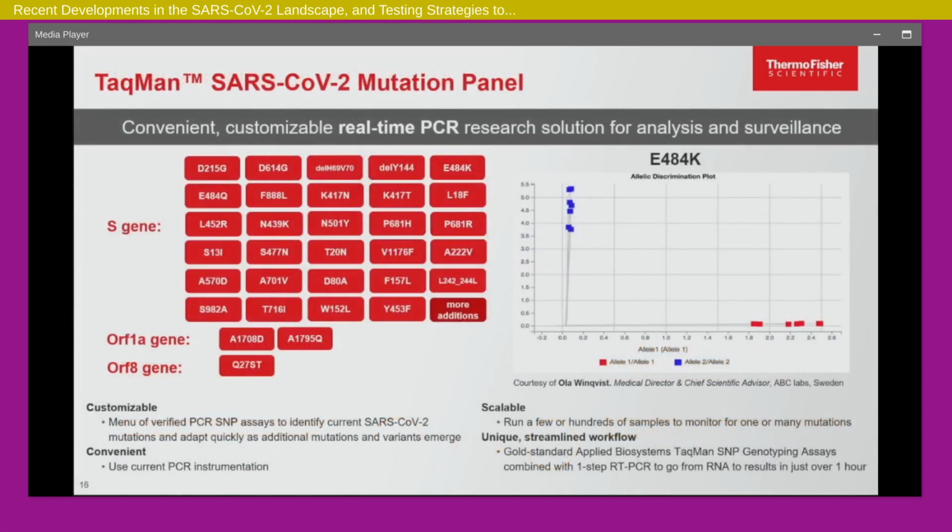The mutation panel is an interesting concept. Each of these mutations that I talked about, whether it was the N501Y, D614G, E484K, E484Q, P681R, are all individual mutations that we have assays for, and these are all mainly in the spike gene.